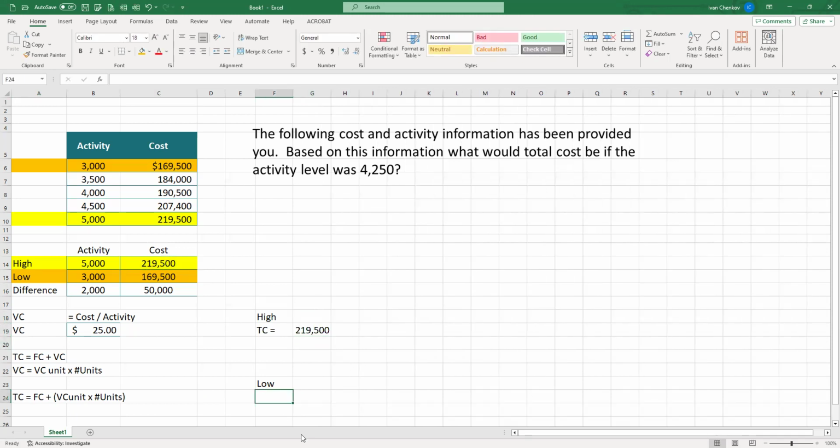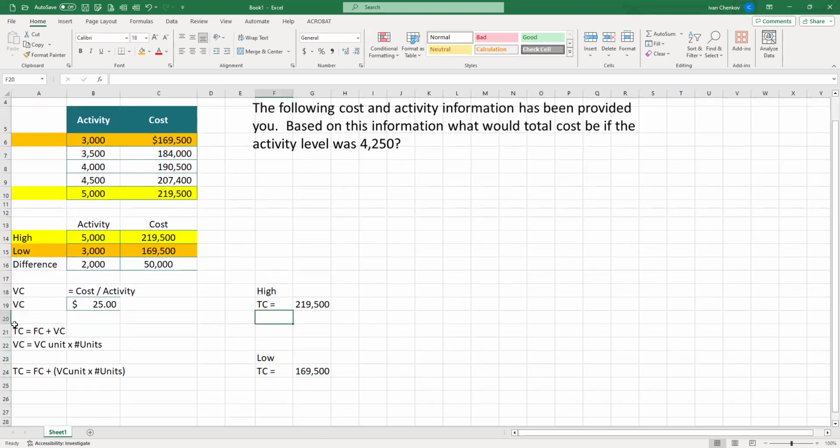If I use the low point, my total cost is equal to that one, 169,500. So what do I have to do? I have to substitute in the formula, correct?